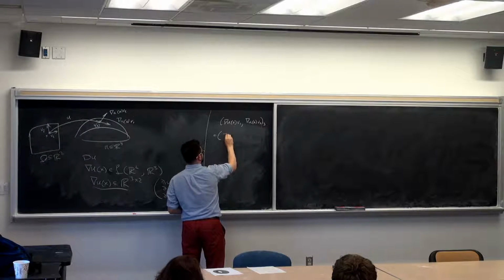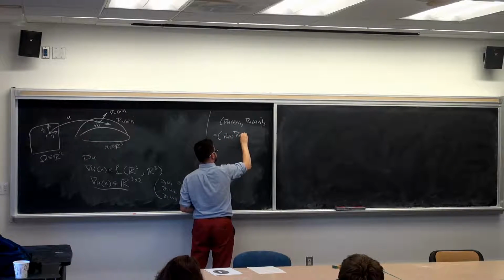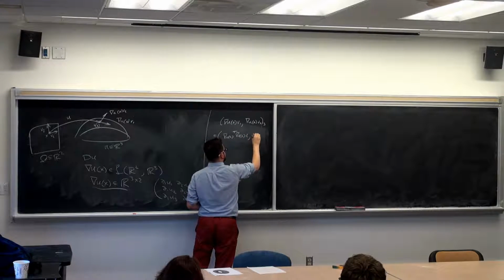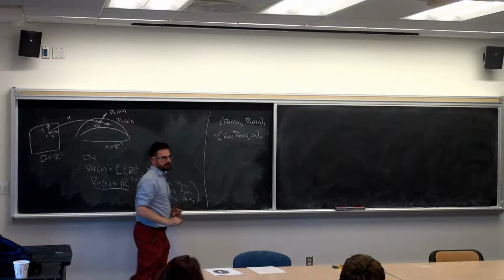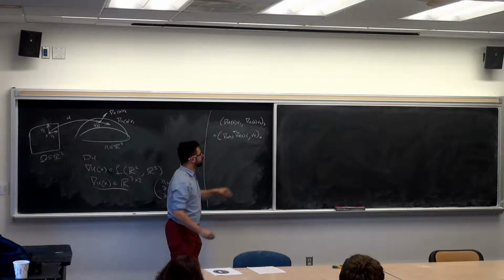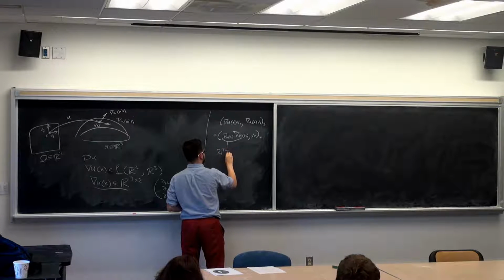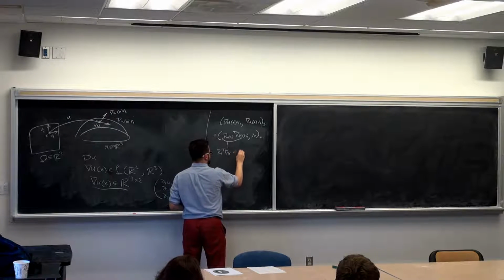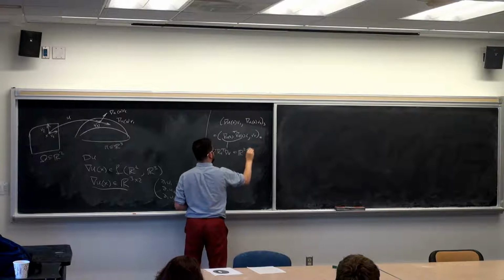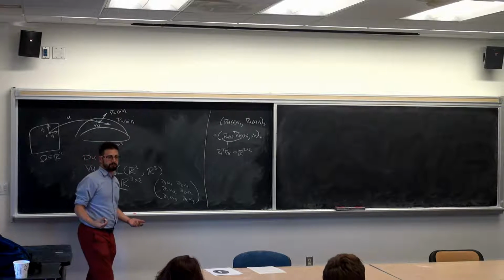But we all know how matrix operations work, so we can express this as an inner product between two vectors in R2, looking at this mapping grad U transpose grad U, which is a symmetric positive definite matrix.